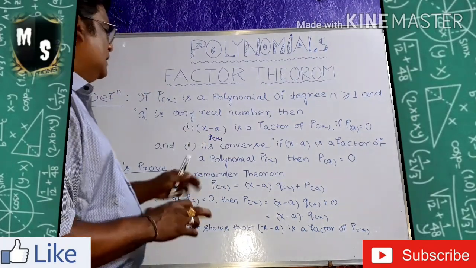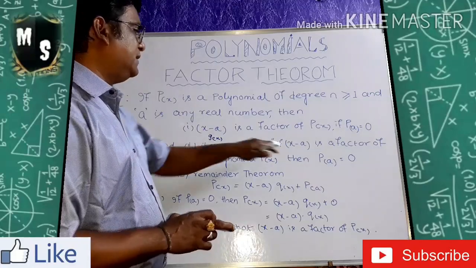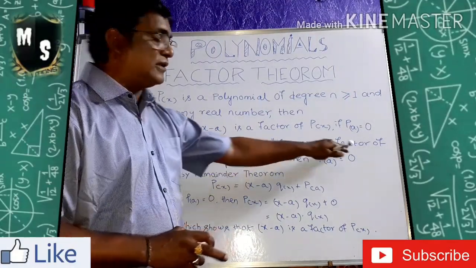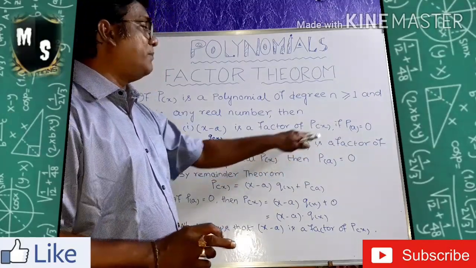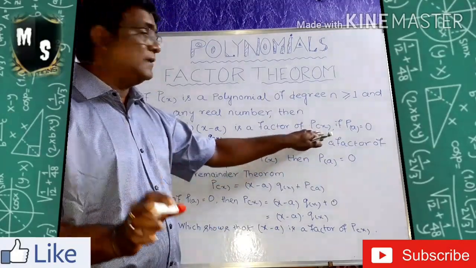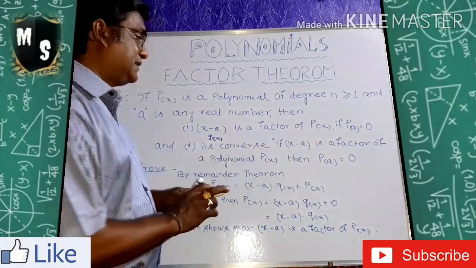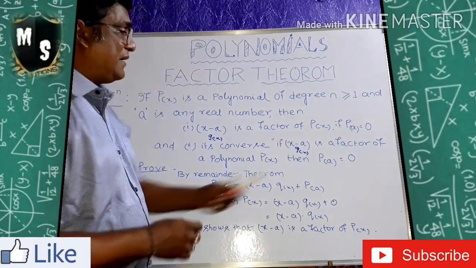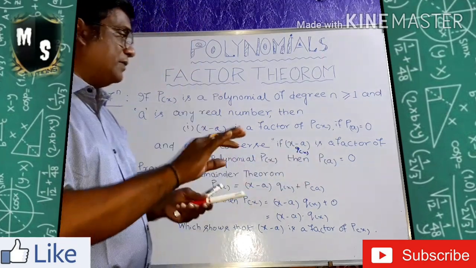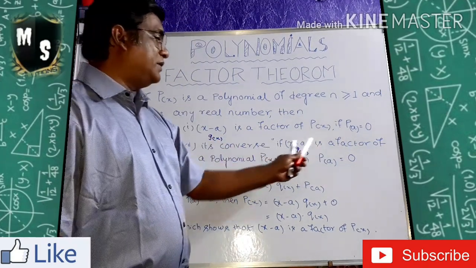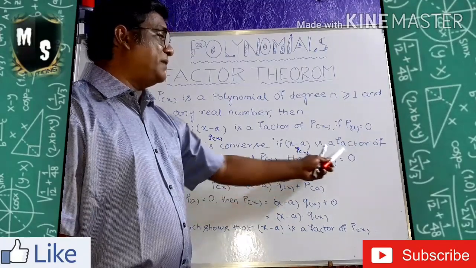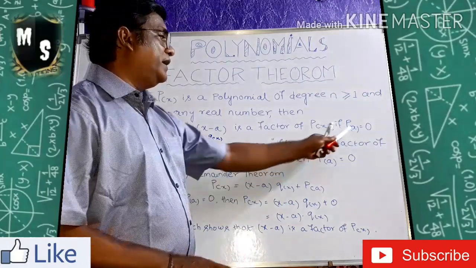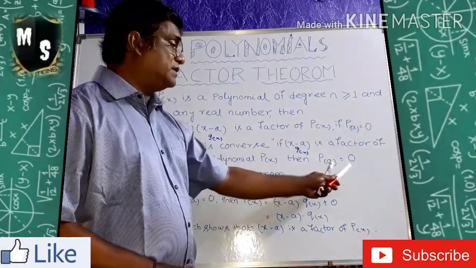The converse will be: if x minus a is a factor, that means x minus a completely divides polynomial p(x). So this g(x) is given to you as a factor. That means, by the converse, the polynomial g(x) is a factor of the polynomial p(x). If it is a factor, then p(a) will be 0.